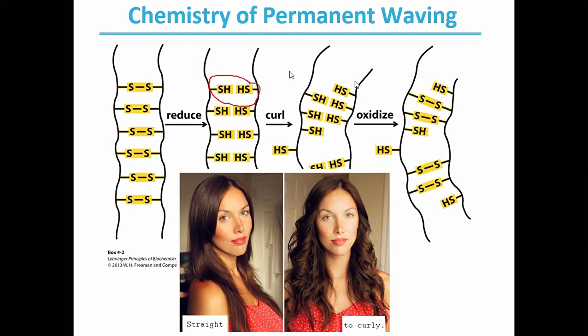They break it, and then they change the shape of your hair.